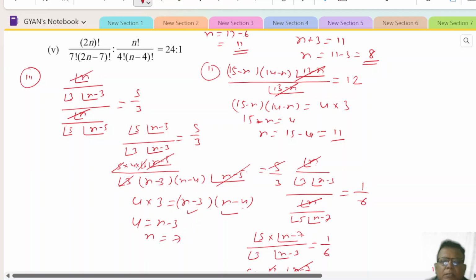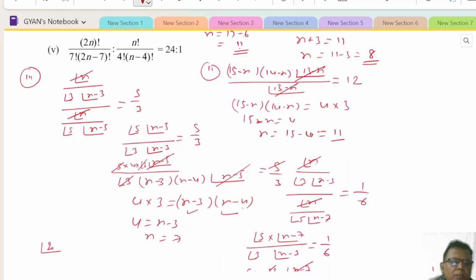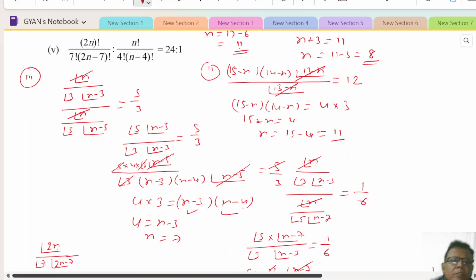(2n) factorial. Let me write here. (2n) factorial divided by 7 factorial and (2n minus 7) factorial, divided by n factorial divided by 4 factorial (n minus 4) factorial is equal to 24 divided by 1.